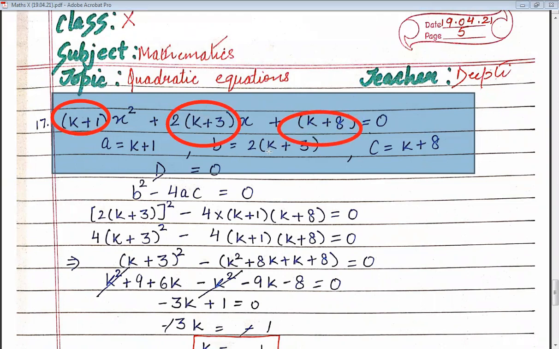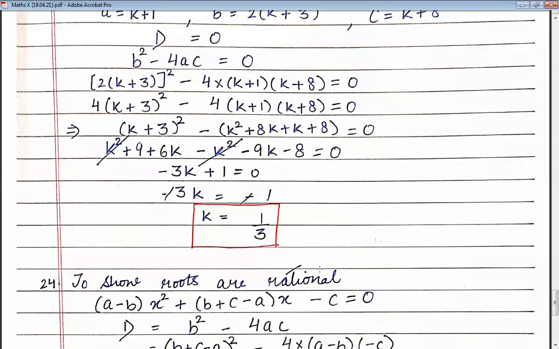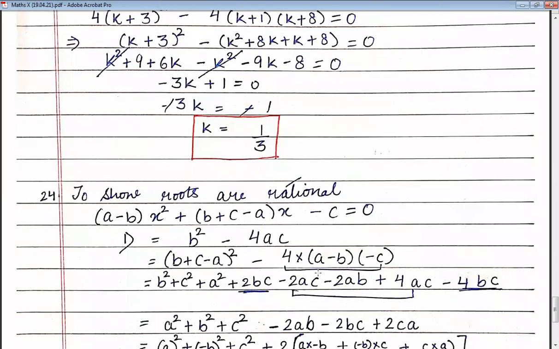Now you have the a, b, c values. Substitute in b square minus 4ac equal to 0 and solve it properly. You will get k equal to 1 upon 3. So the solution set for k is 1 upon 3.